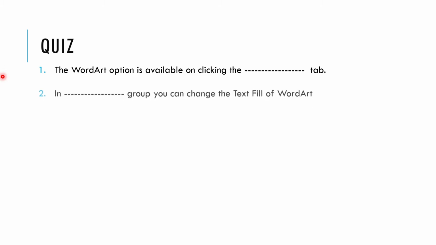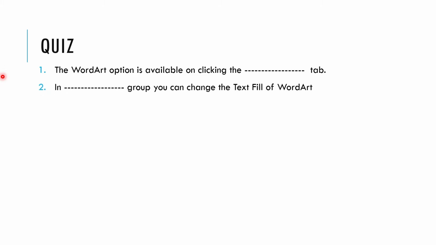Students, we discussed how to insert word art in Microsoft Word and the drop cap feature. Now, time for a short quiz. The first question which I have for you is the word art option is available on clicking the dash tab. The second one, in dash group, you can change the text fill of word art.